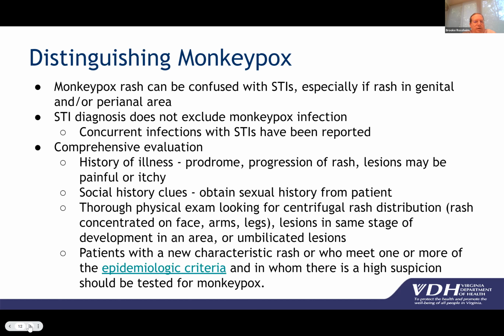That would be another tip-off that this might be monkeypox. We've talked about umbilication. And then, patients who have a new rash, who have epidemiologic criteria that would make you think about monkeypox, and in whom there is a high suspicion of monkeypox, these patients you really want to test for monkeypox. Next slide.